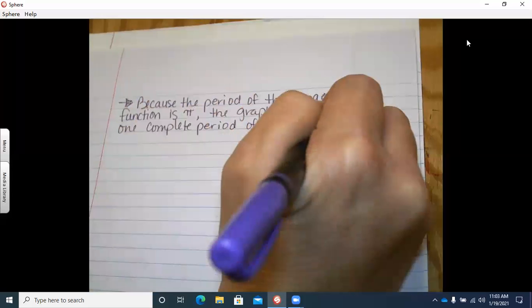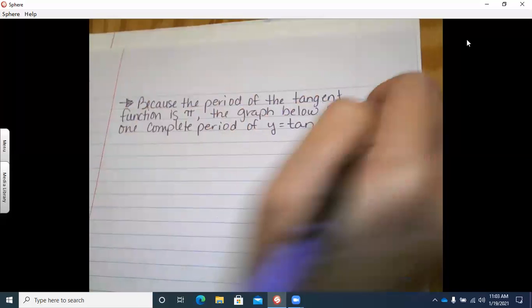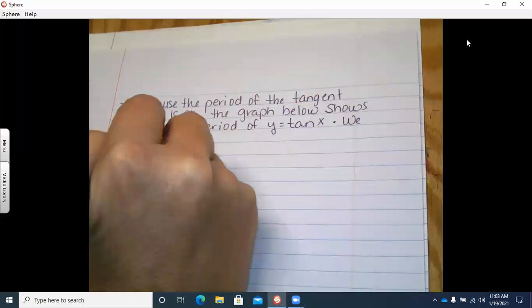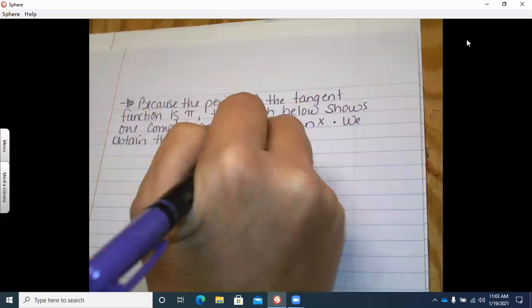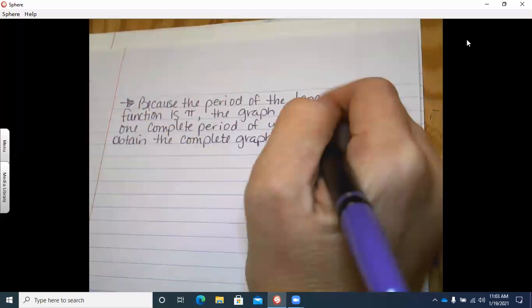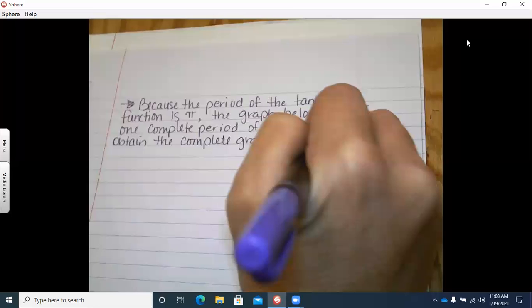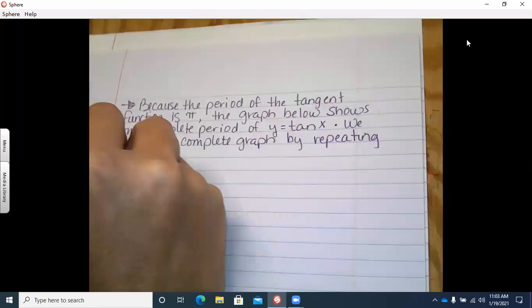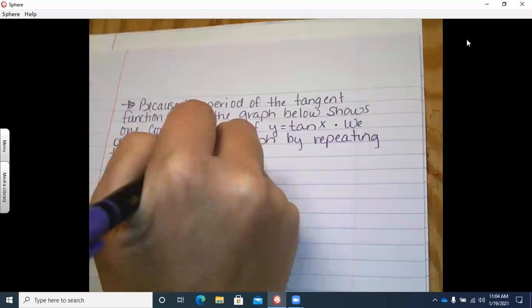We obtain a complete graph by repeating to the left and right over intervals of pi.